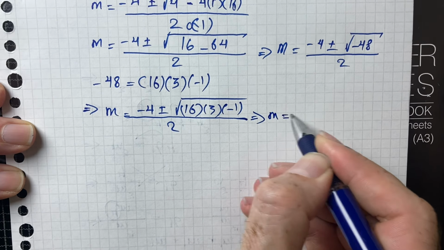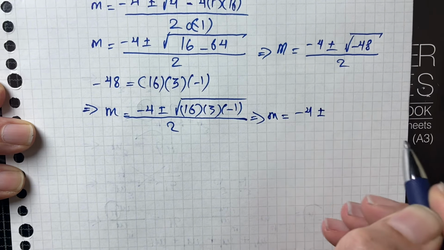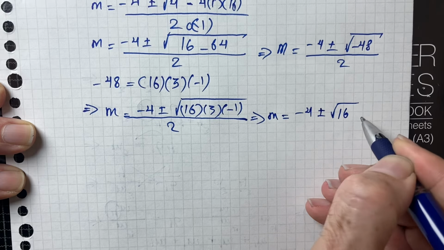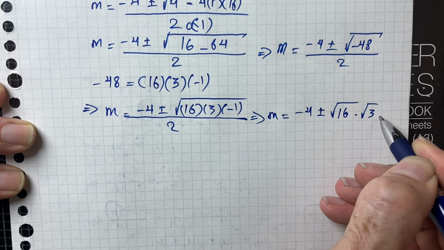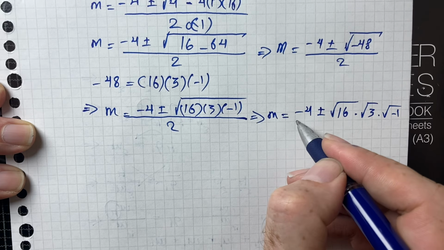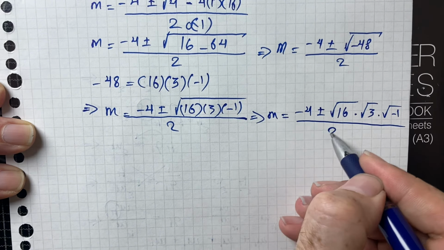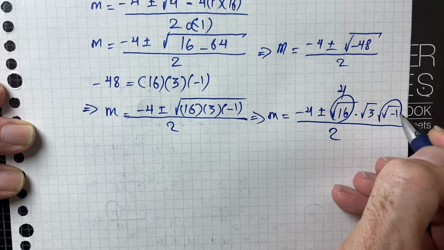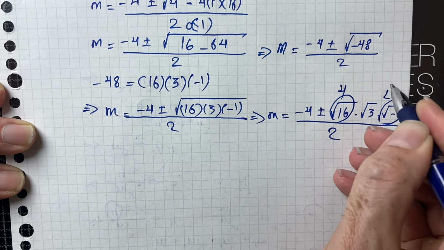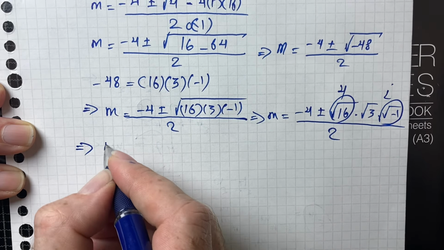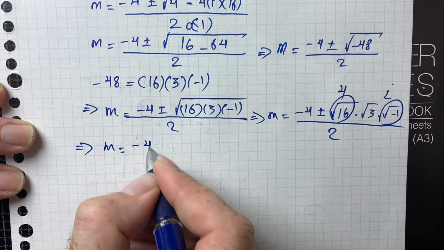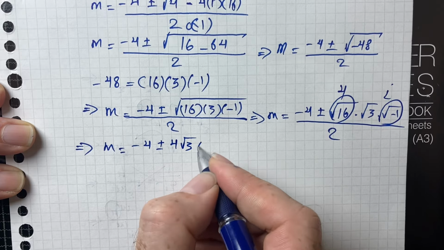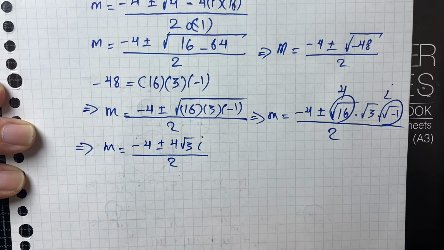It is exactly the same as negative 4 positive negative, it can be written in the form of square root of 16 times square root of 3 times square root of negative 1 over 2. What is square root of 16? All of you know, this is 4. Square root of negative 1, this is i. So I write it here, m equals negative 4 positive negative 4 square root of 3 i over 2.